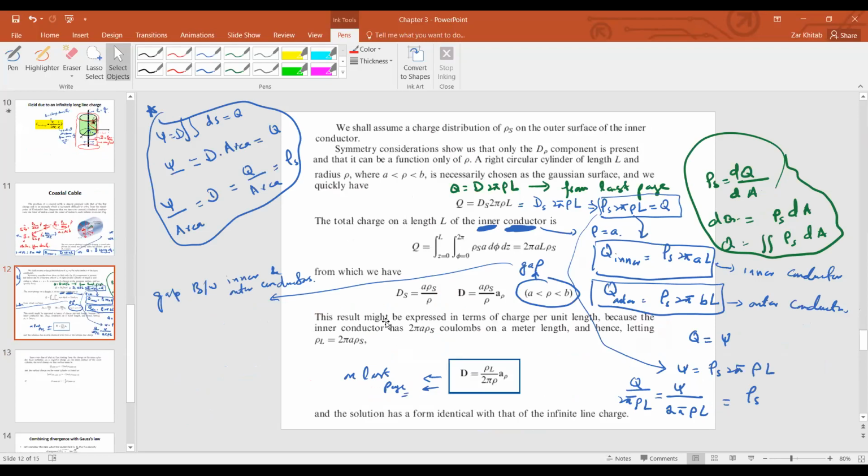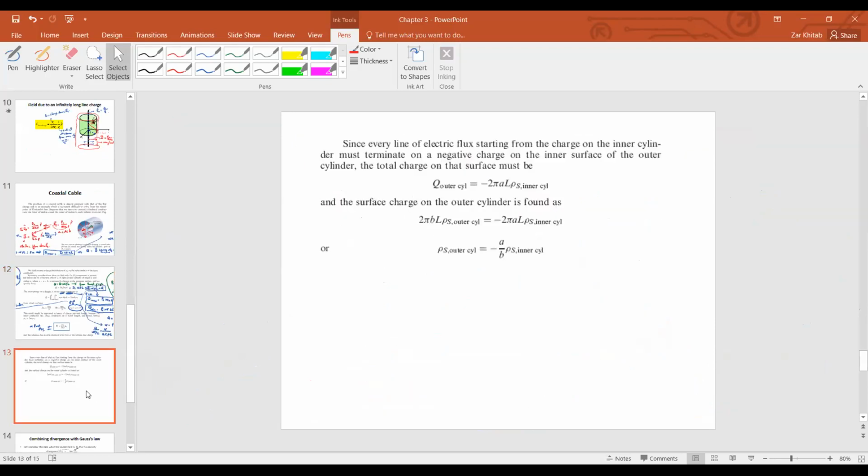So that was the equation of the coaxial cable.